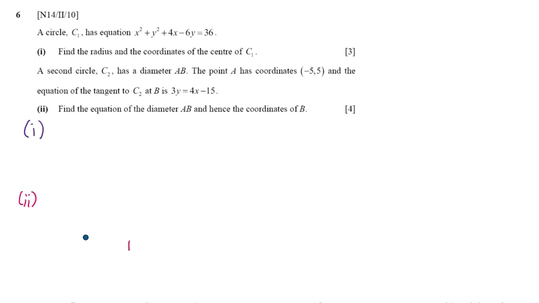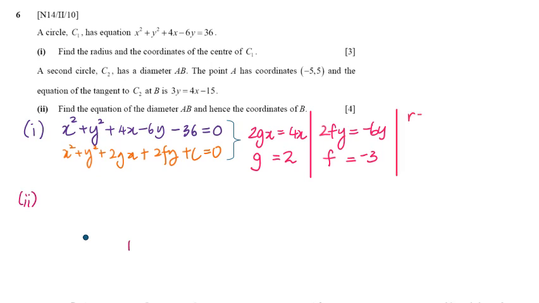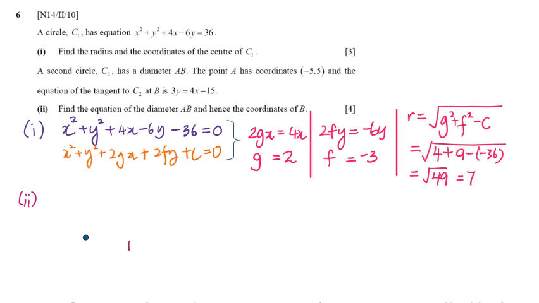So that is the general form. From there, you just compare with the general form to find your center and your radius. So this part is quite easily done. You just reassign 2gx equals 4x, so g equals 2. 2fy equals negative 6y, so f equals negative 3. And then the radius is the square root of g squared plus f squared minus c.